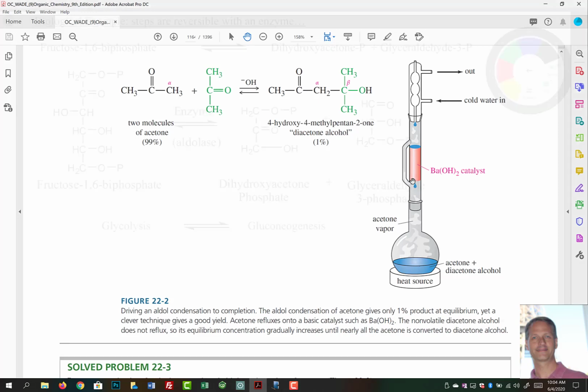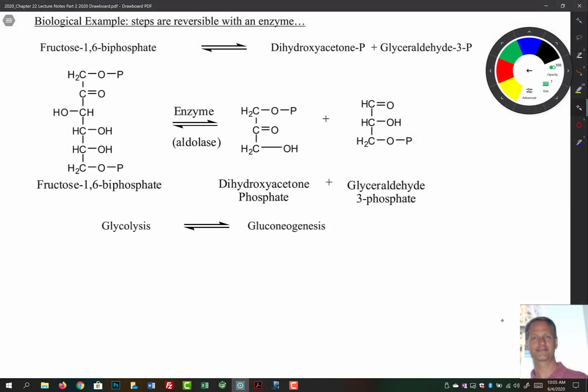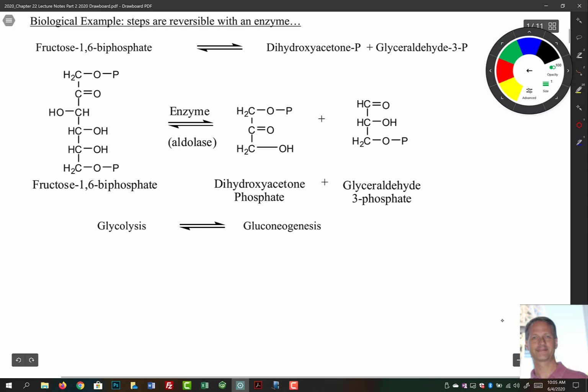equilibrium to the products. There are interesting biological examples of this too. There's an enzyme called fructose 1,6 bisphosphate aldolase. That's what this enzyme is right here. It's sometimes just called aldolase, but its target substrate is fructose 1,6 bisphosphate.